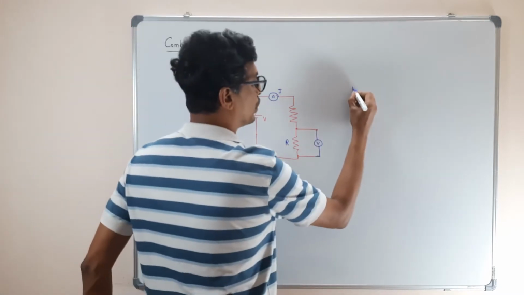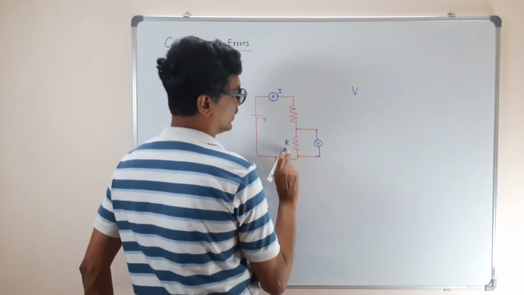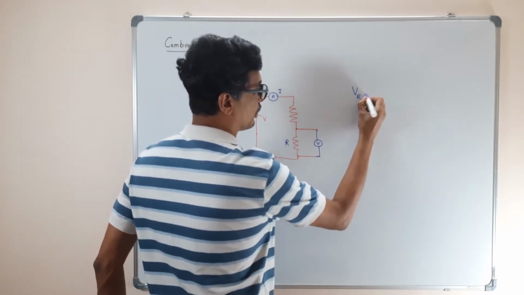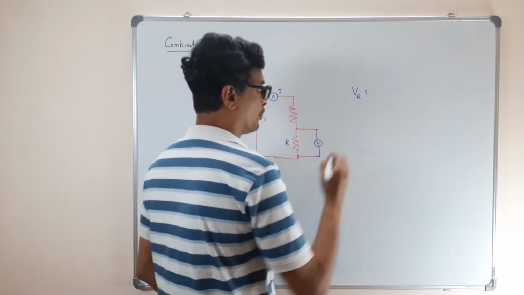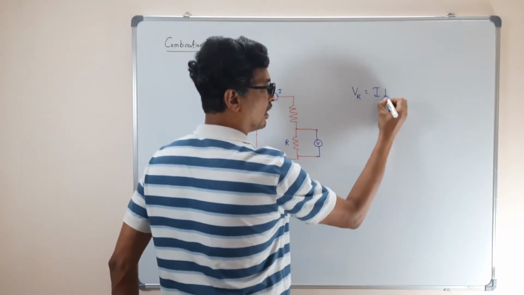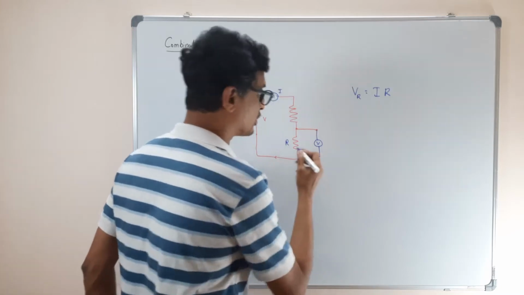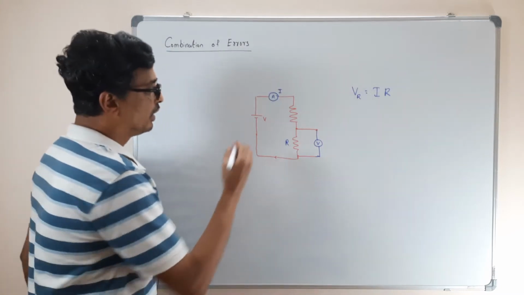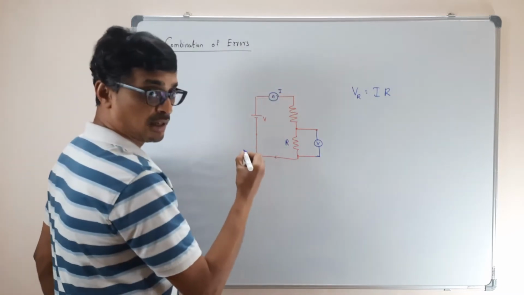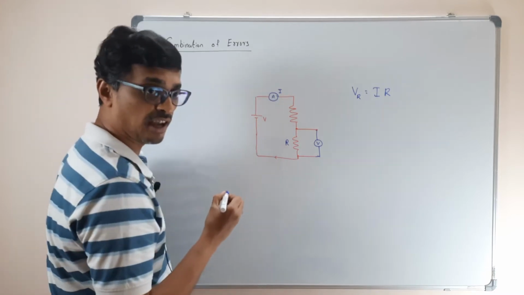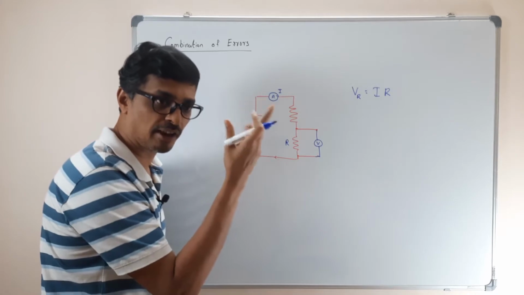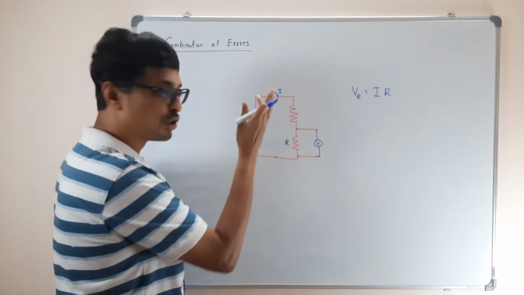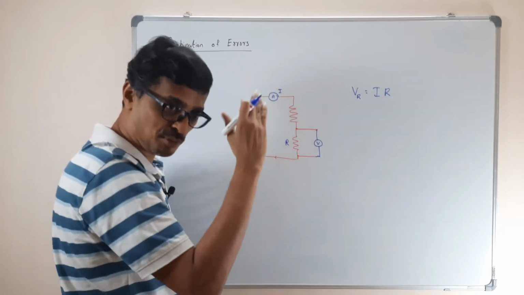We know the voltage across this resistor R, let me write, V is equal to how much? I into R, correct? That's the voltage. Now this ammeter measurement I is going to have an error, as I told you, all ammeters will have an error. When there is no current, it won't remain at 0, there will be a small shift.